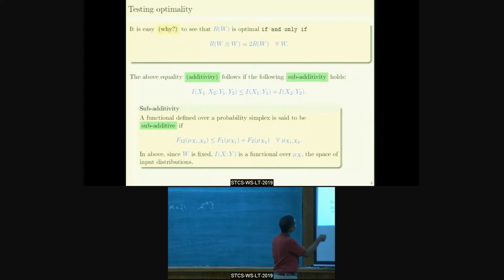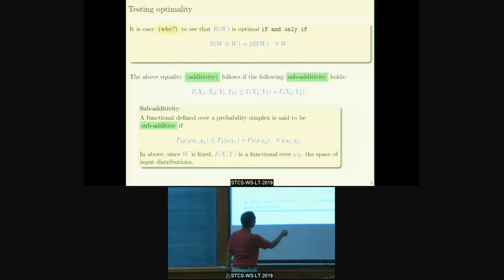Going through independent channels, I want to ask whether this inequality holds, and this is what I mean by subadditivity. For any function, there's a natural lift of a function to a joint space. That lift must be less than the sum of the marginals.